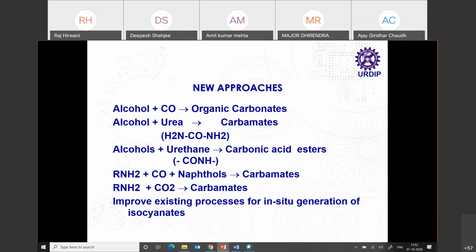You don't have to store it. There's in situ generation of isocyanate. So people solved that problem that way. Now, if you don't look at this, you are happy, you have a US patent, it is in your biodata, it is in the institutional annual report. But nobody wants that patent.